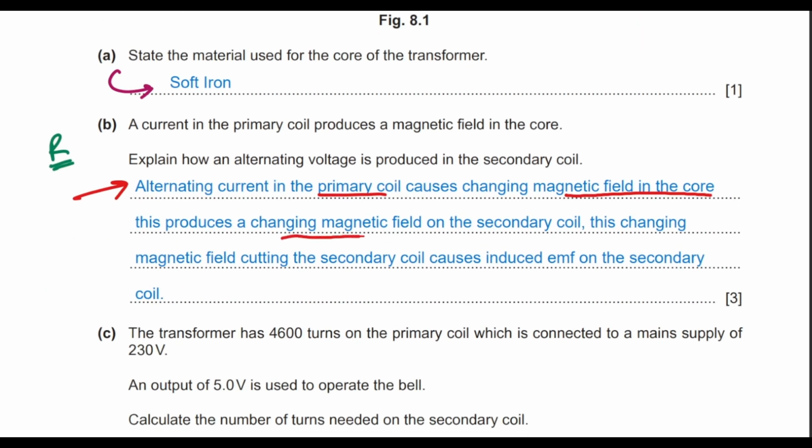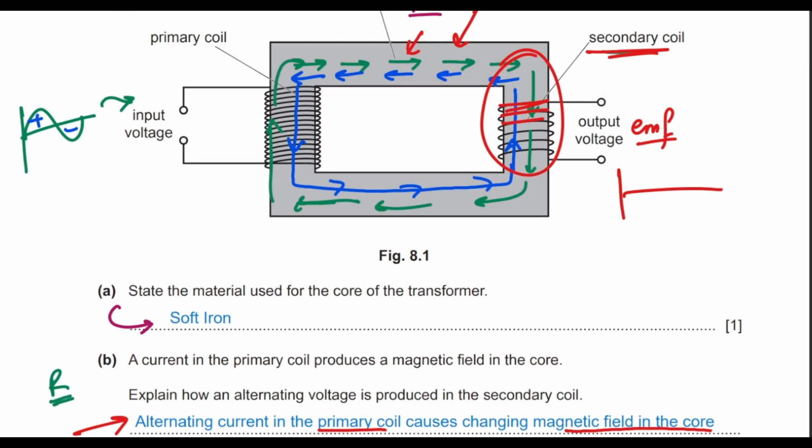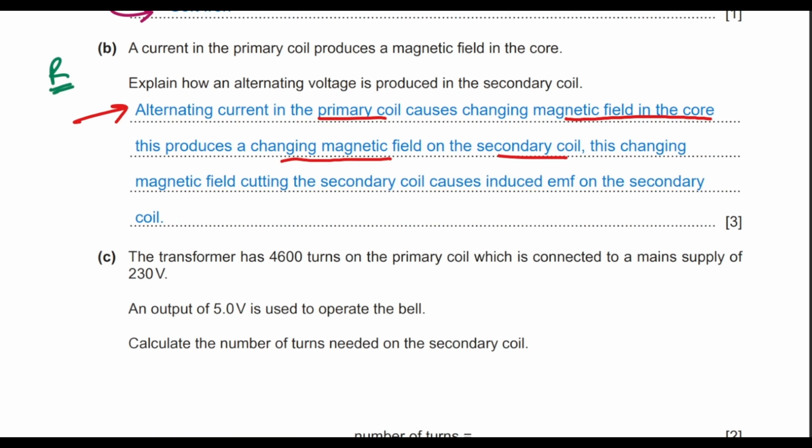This produces a changing magnetic field on the secondary coil over here. It experiences sometimes an upwards magnetic field and sometimes a downwards magnetic field due to the AC supply. This changing magnetic field cutting the secondary coil, cutting being mandatory for Faraday's law, causes the induced EMF on the secondary coil.